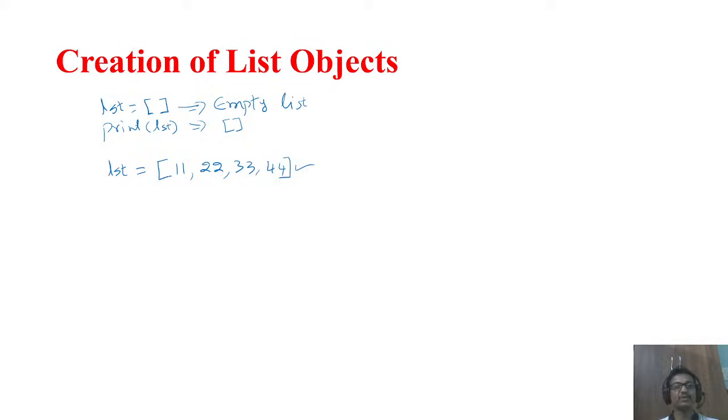Once the list is created, it looks like this inside the memory: 11, 22, 33, 44. As usual you can access by using indexes like this. Got it?